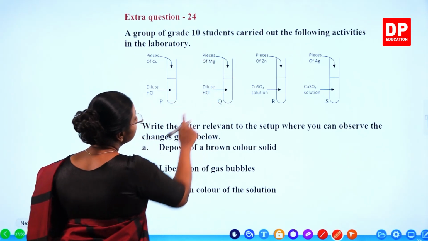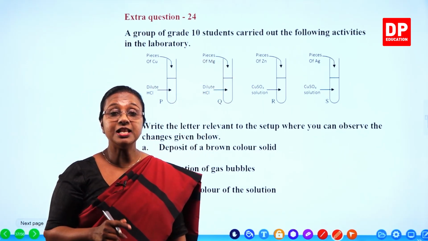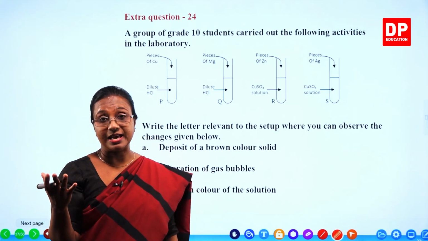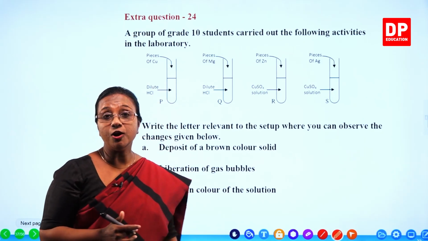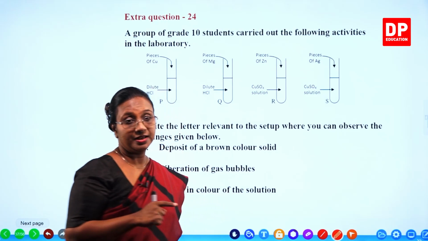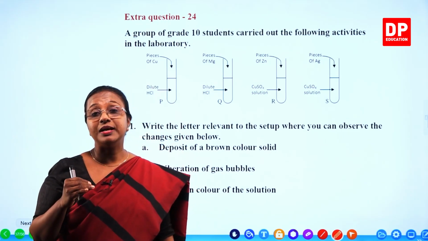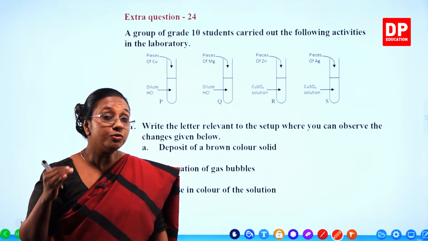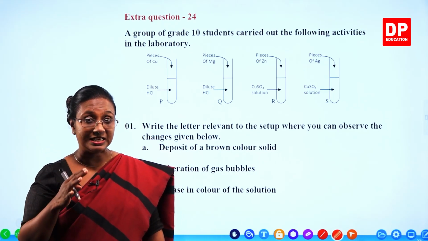But when magnesium is put into hydrochloric acid, hydrogen will evolve. So, you will see the liberation of gas bubbles and the dissolving of magnesium. Then here, zinc into copper sulfate. Now, zinc is above copper in the activity series, so zinc can displace copper. So, the blue color of copper sulfate solution will decrease.